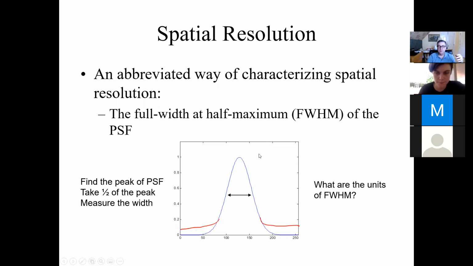Sometimes people will do full width tenth maximum, so they'll take one tenth of the peak to try to express that. Okay. So the important thing I want to say is that this is often used. It's actually very good, and it's very easy to communicate to someone through this, but it doesn't incorporate all of the information that's there. Okay.